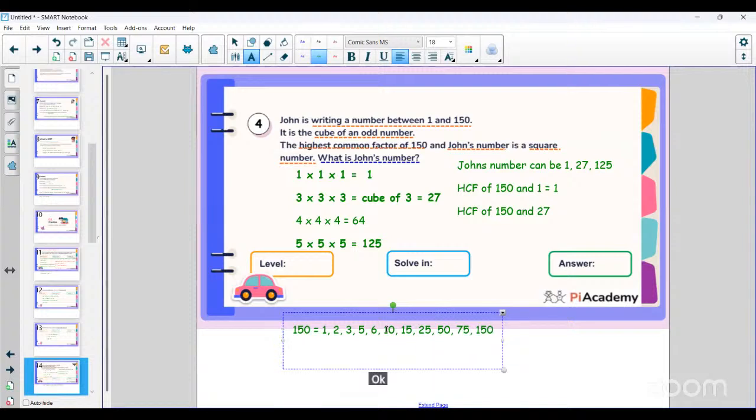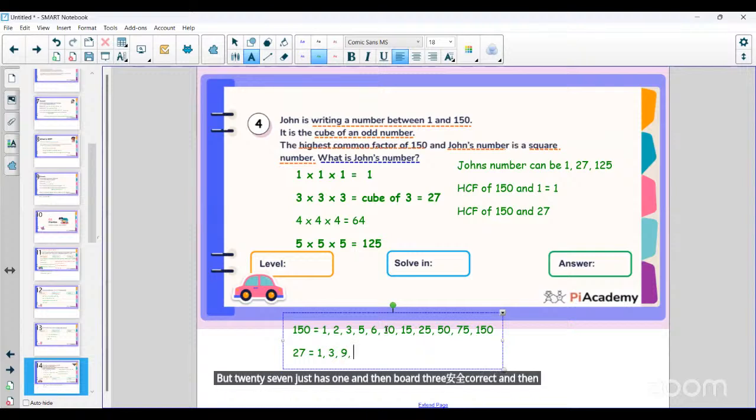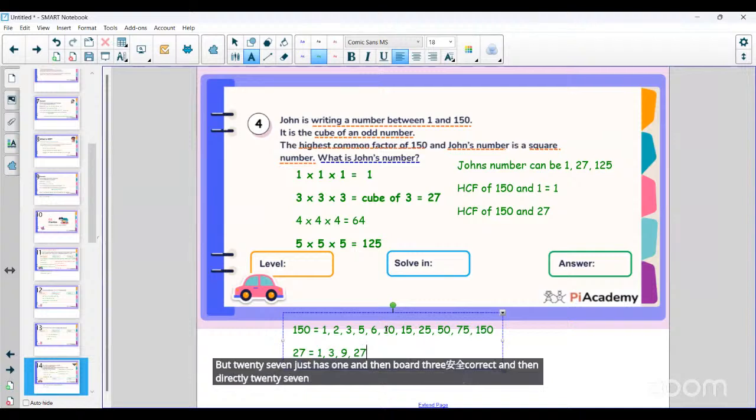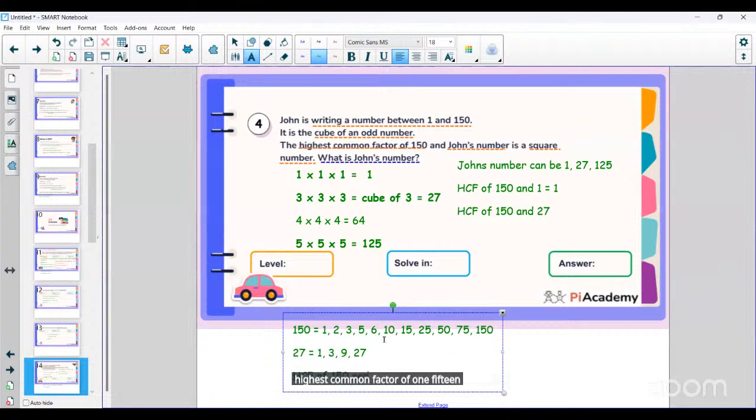What about 27? Well, 27 just has 1, then 3 and then 9, correct? And then directly 27. So what is the highest common factor of 150 and 27?